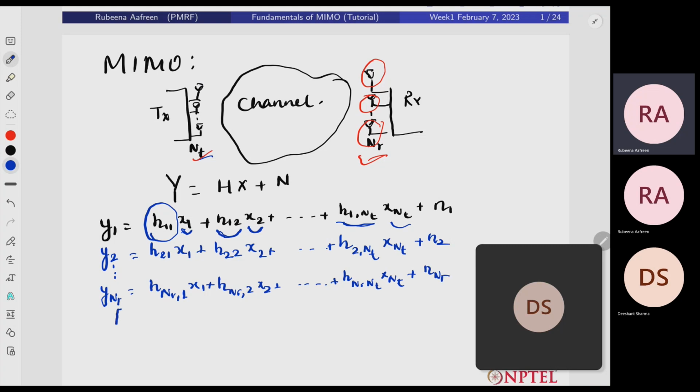We can write it easily in terms of matrix multiplication as Y1 to YNR. This would be an NR cross 1 matrix.